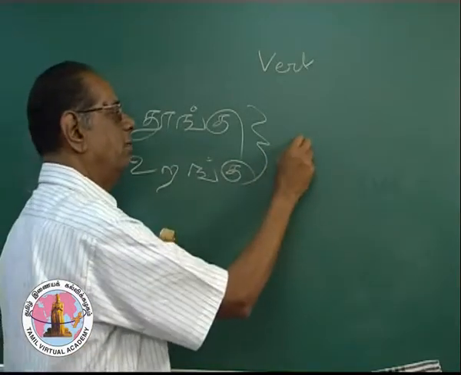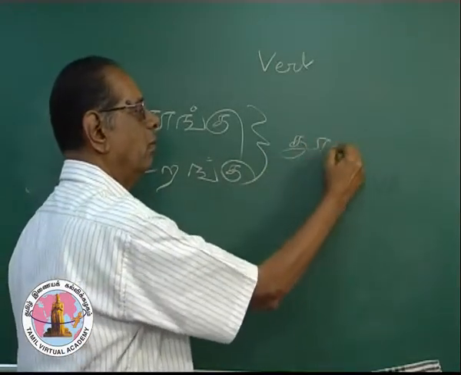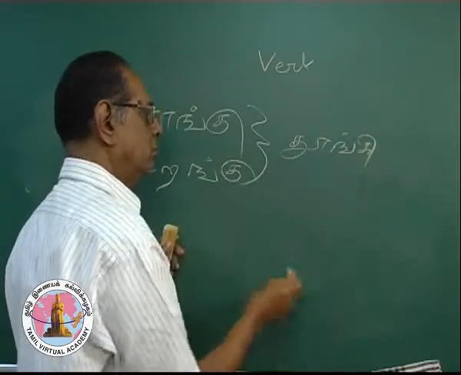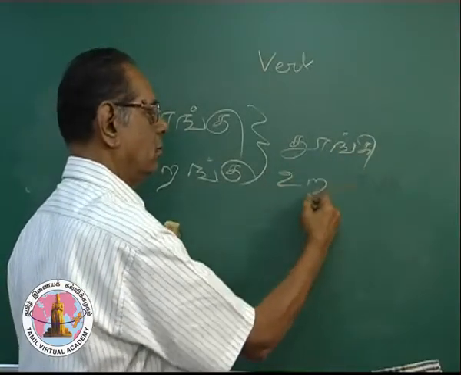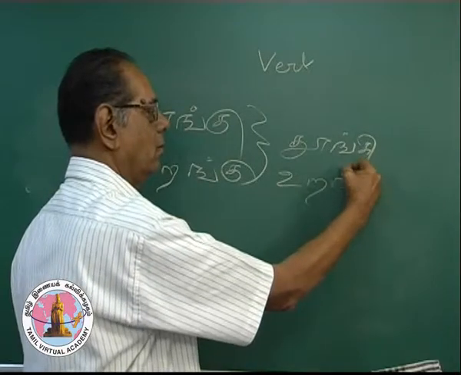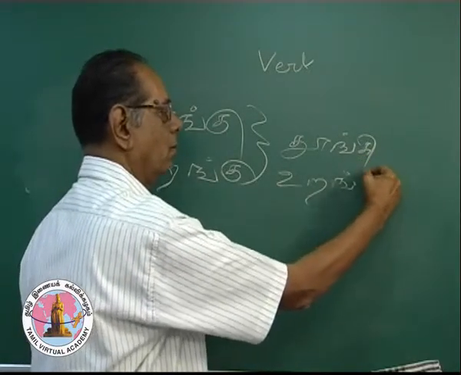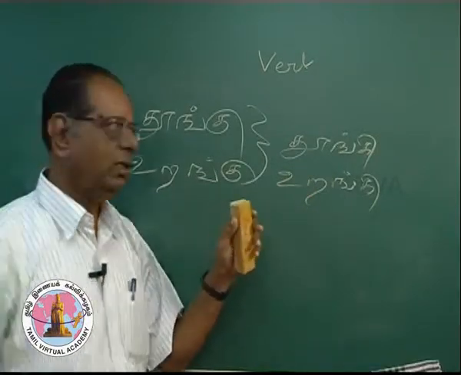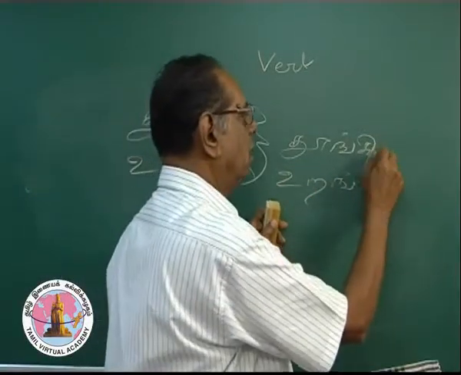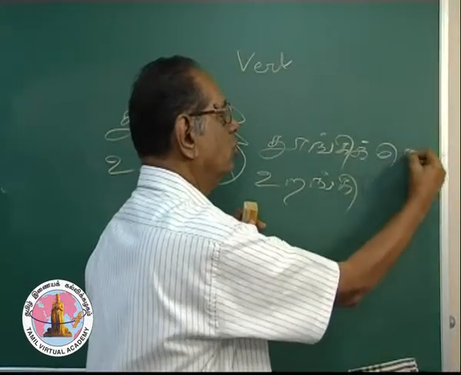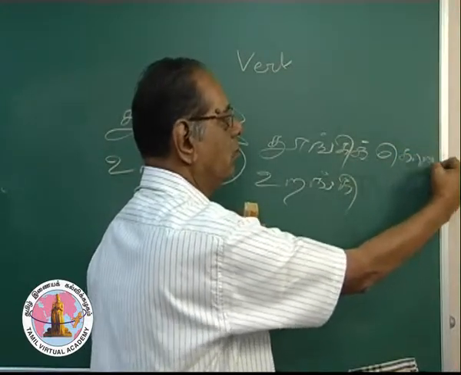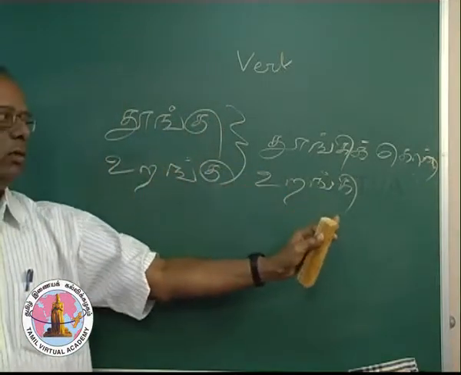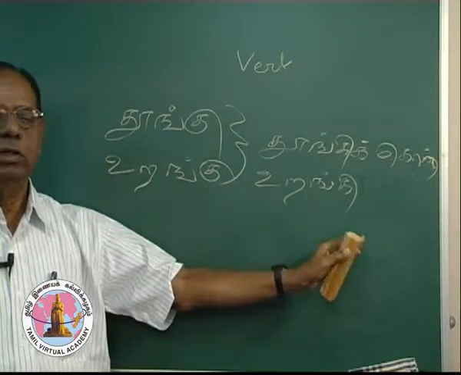So, they will become tungi and orangi respectively, and accept this kondu. தூங்கிக் கொண்டு உறங்கிக் கொண்டு இருக்கிறாள்.